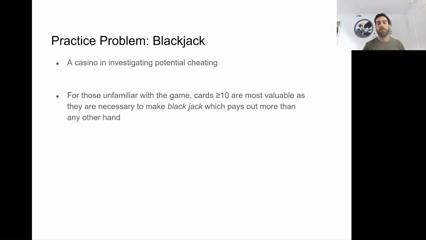So for people who are unfamiliar with blackjack, the most valuable cards in the game are 10, Jack, Queen, King, Ace. The reason those cards are most valuable is because you need some combination of those cards in order to get blackjack, which pays out more than any other hand you could be dealt. Typically 150 to 200%, depending on the rules in the casino.